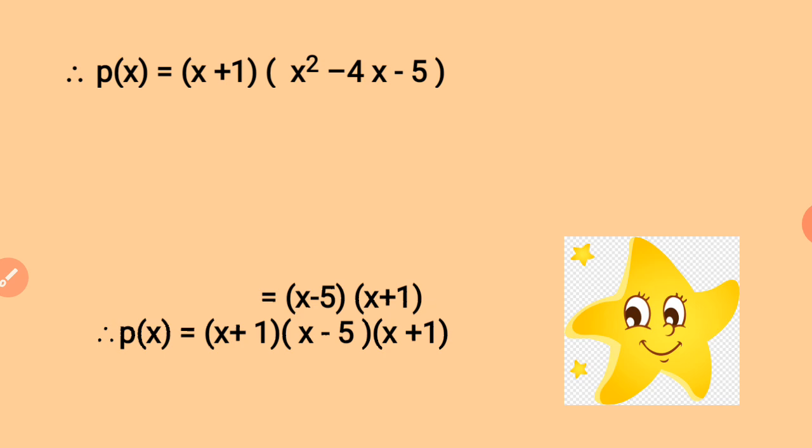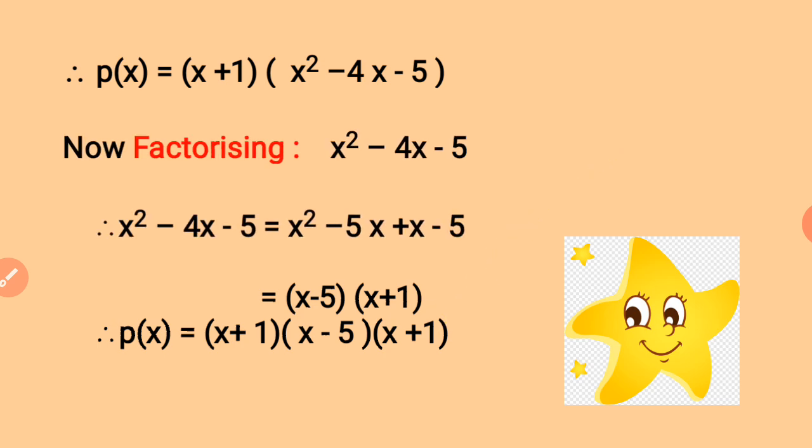Now we will be solving the second bracket, that is the quadratic polynomial. We are going to use the splitting the middle term method once again, and we are going to split it out, and you get 2 more factors of that quadratic polynomial. It is x minus 5, x plus 1. These two we are going to substitute in the topmost statement.